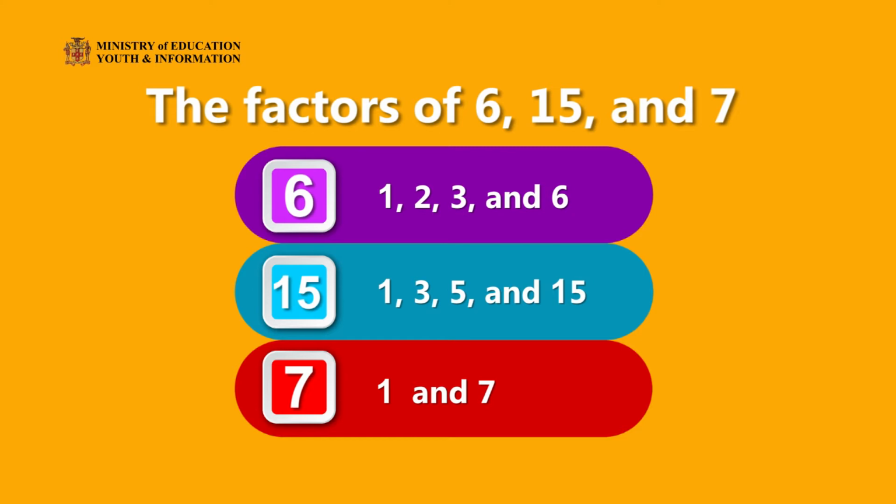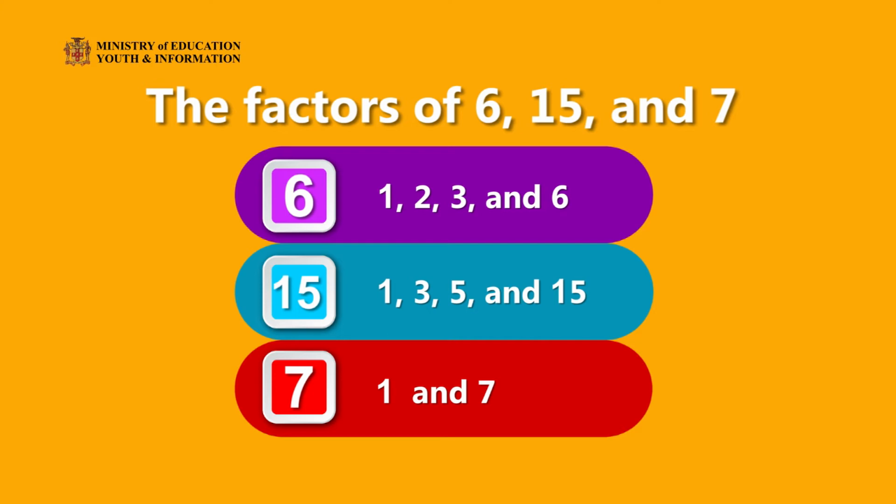Then 15 and its factors, 1, 3, 5, and 15. Our third number was 7, and its factors are 1 and 7. Now let us observe them more closely.